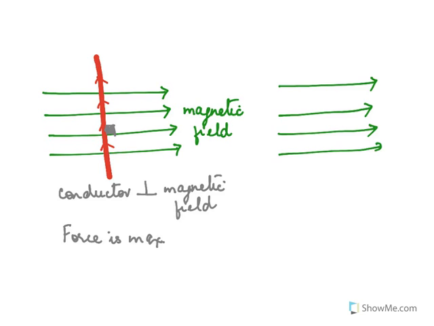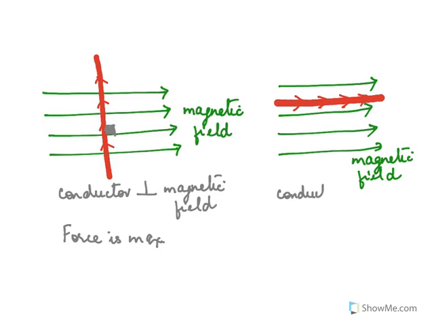However, if we keep the conductor parallel, so here is a magnetic field, and in that magnetic field we are placing our conductor, but now we are placing our conductor parallel. The current is moving parallel to the field. So in this case we find there is no force acting. Here the force is 0.